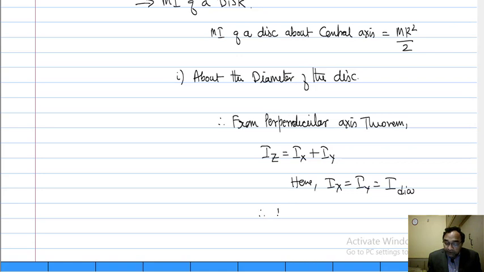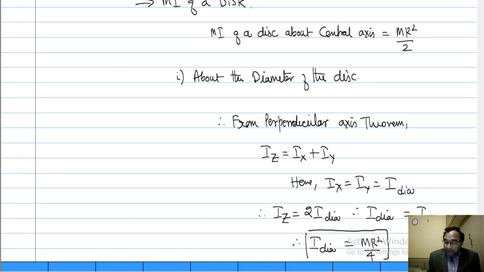So Iz is equal to 2 times I diameter, therefore I diameter will be Iz by 2. Now how much is Iz? Iz is mr square by 2, because the z axis is the central axis. Therefore, I about a diameter comes out as mr square by 4. See how we can use the axis theorems to find the moment of inertia of a disk as well.